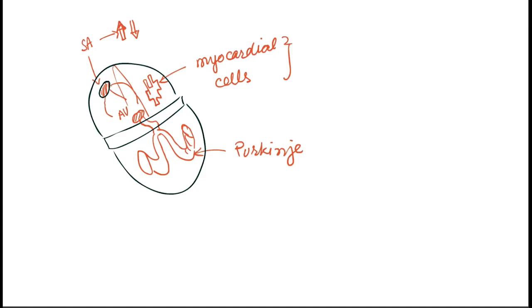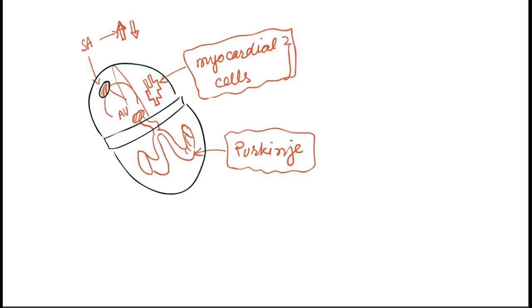On the other hand, when you find cells that should not be pacemaker, for example, myocardial cells or Purkinje cells, and they have become pacemakers, and they are creating increased rate or reduced rate, then that will be called enhanced abnormal automaticity when the rate is increased.